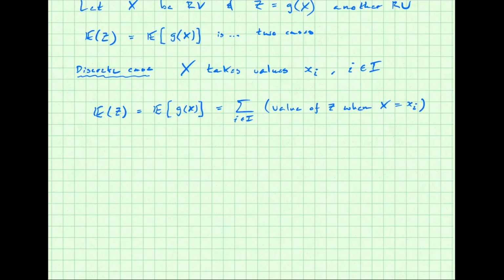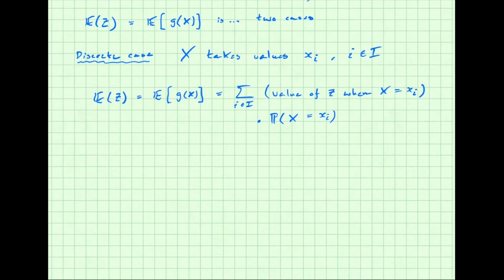That's the value of the function g of x, times the probability that z is equal to the value of z when x is equal to xi. But that's the same as the probability that x is equal to xi, because if x is equal to xi, then z is equal to the value it has when x is equal to xi. I hope that makes sense. So that's how this thing looks.